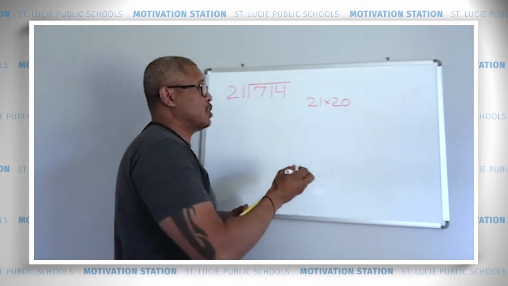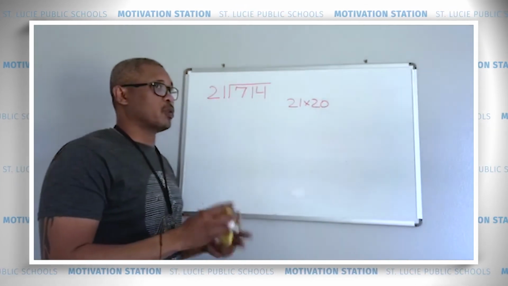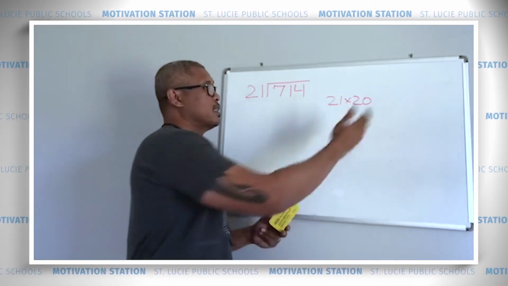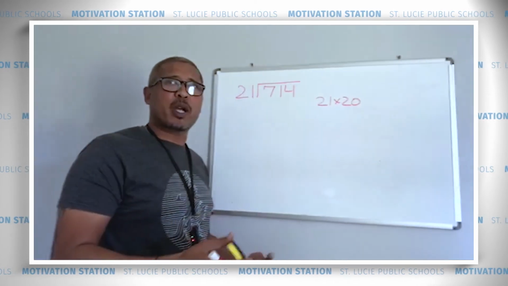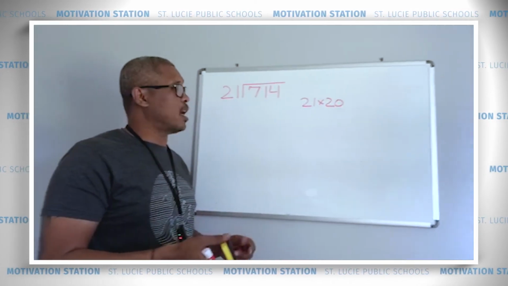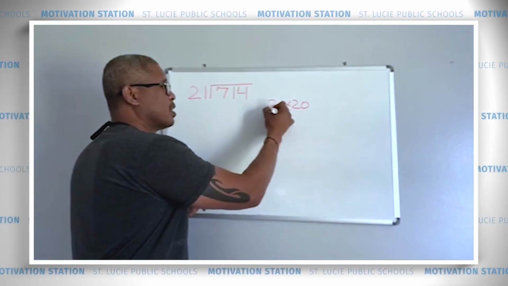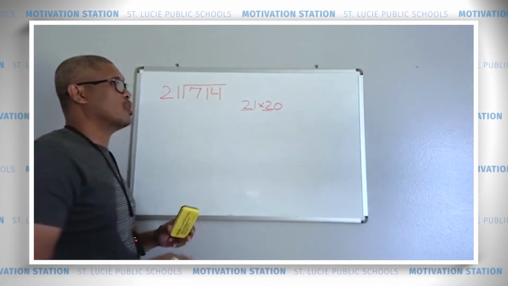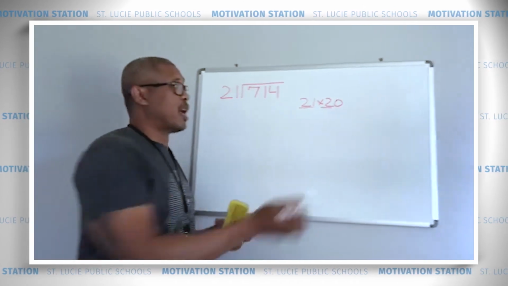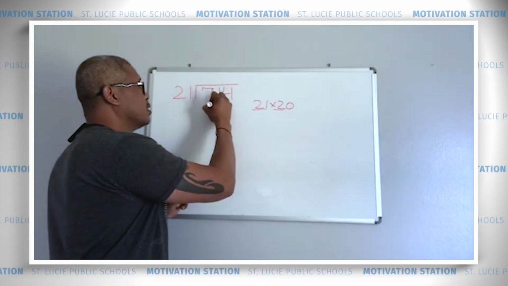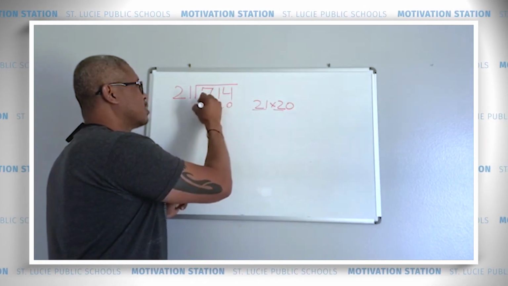The reason why we like to use any multiples of 10 is because it has zeros in it, and we can pretty quickly multiply 21 times 2. Well, automatically I know that's 21 doubles, that's 42. I have 1 0, which gives me 420. Subtract.